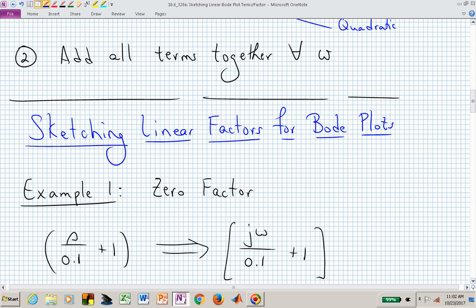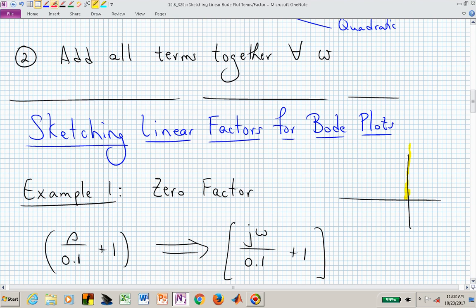And now we are evaluating this expression, this factor.